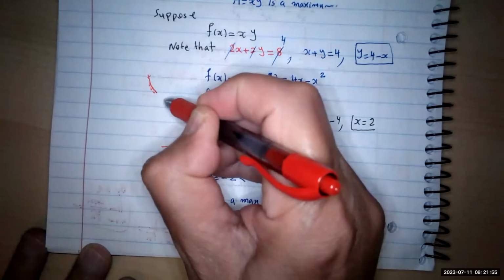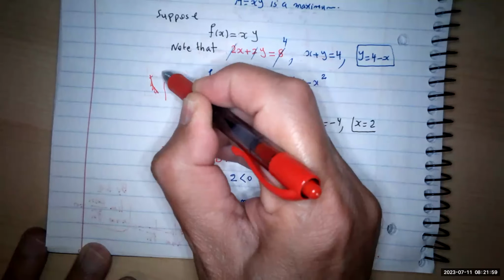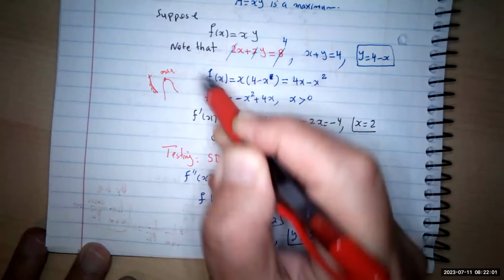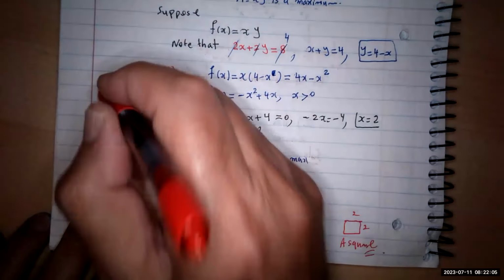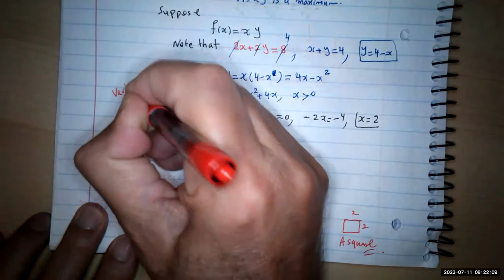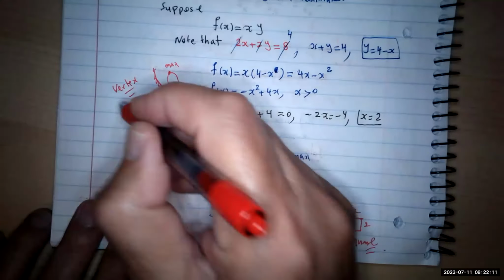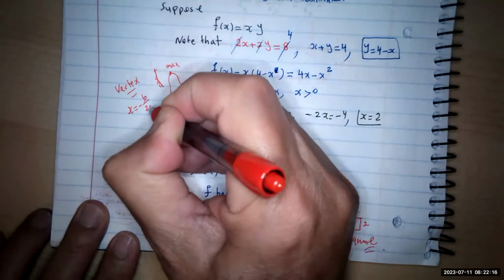So this is going to be the parabola, and the parabola would have a maximum at this point. This point in college algebra, they call it a vertex. And you know that the x value of the vertex is x equal to negative b over 2a.